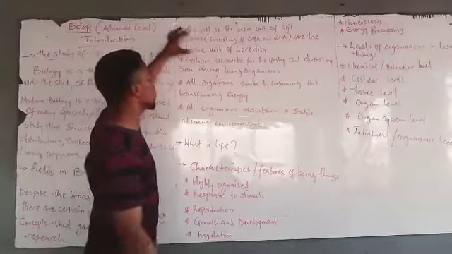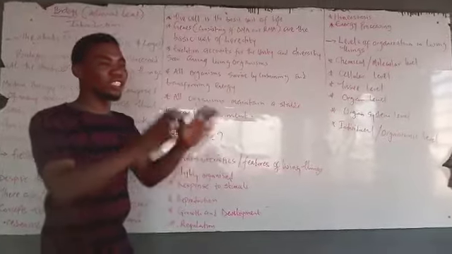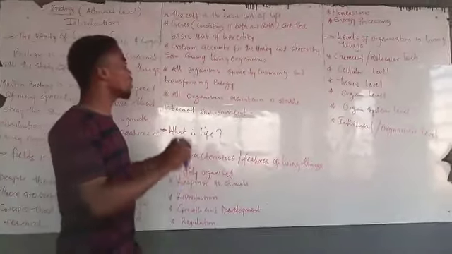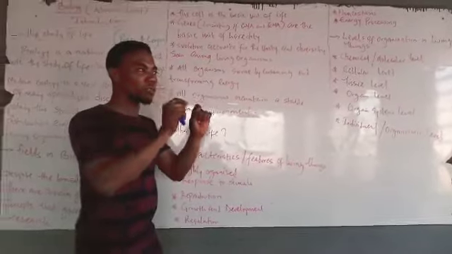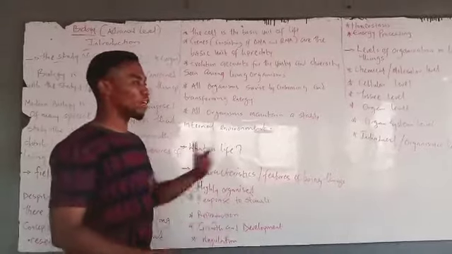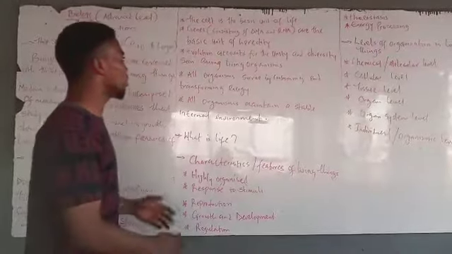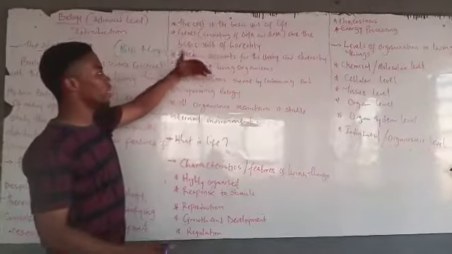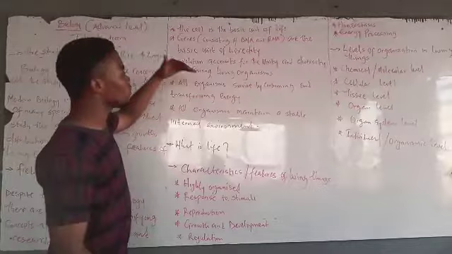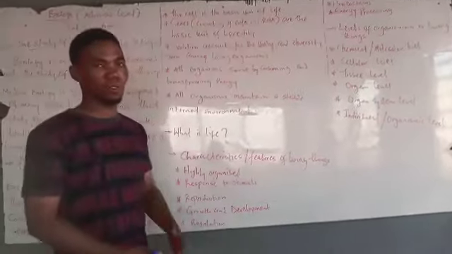This is the aspect of genetics, telling us that the genes found in individual organisms are the ones responsible for the transmission of heredity from the parent to the offspring. That is, transmission of characteristics from the parent to the offspring is based on the genes, which consist of the DNA and the RNA. And then evolution accounts for the unity and diversity seen among living organisms.